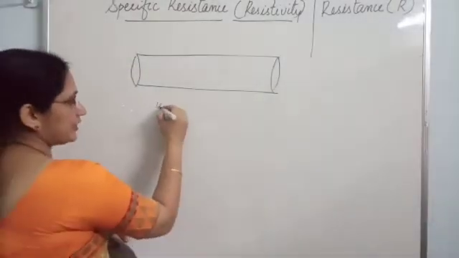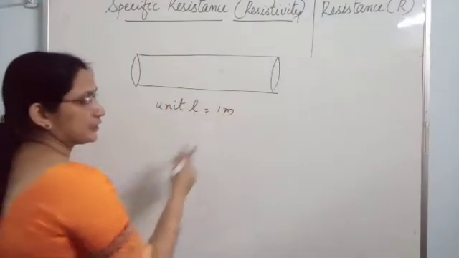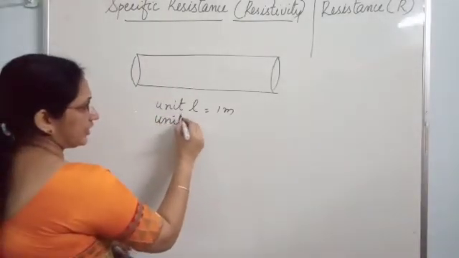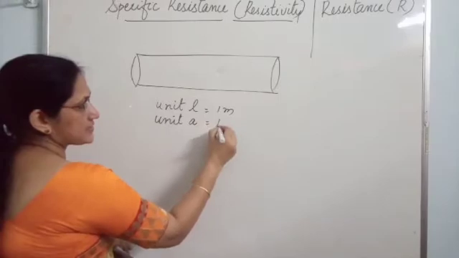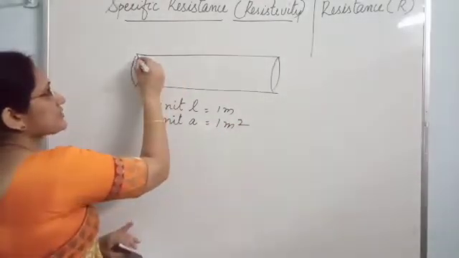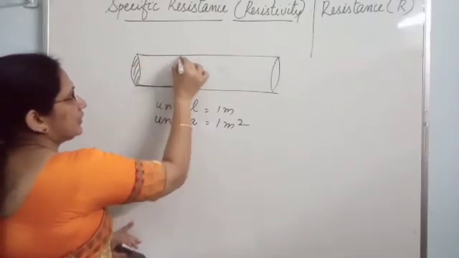Meaning of unit length is 1 meter in SI system. Unit length is 1 meter and unit area of cross section means 1 meter square. So you consider 1 meter square cross sectional area and 1 meter long.